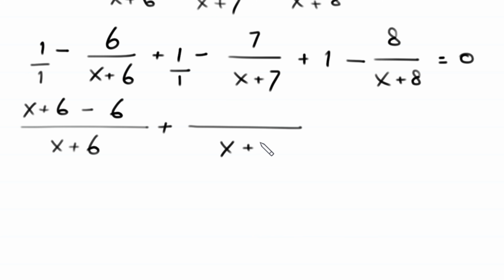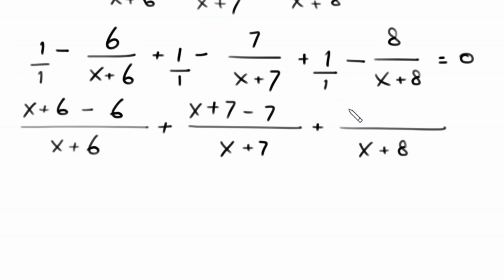LCM is x plus 7. So this will become x plus 7 minus 7. Plus you can write the denominator of this 1 and take LCM of x plus 8 and 1. LCM is x plus 8, so this will become x plus 8 minus 8 equal to 0.